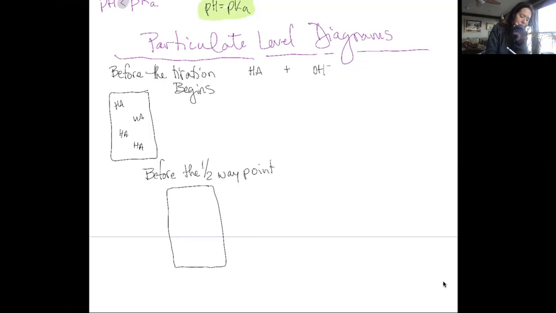Well, I know that I'll have less of this, and I'll now have some of this. I'm not going to include the water, but I did have 4 molecules of acid. Now 1 has been neutralized.